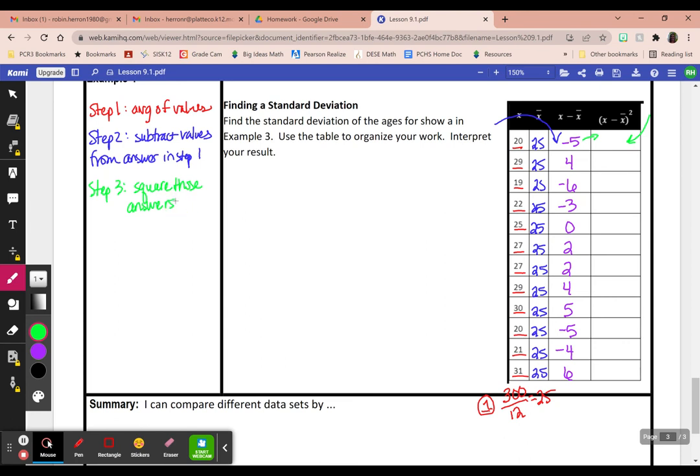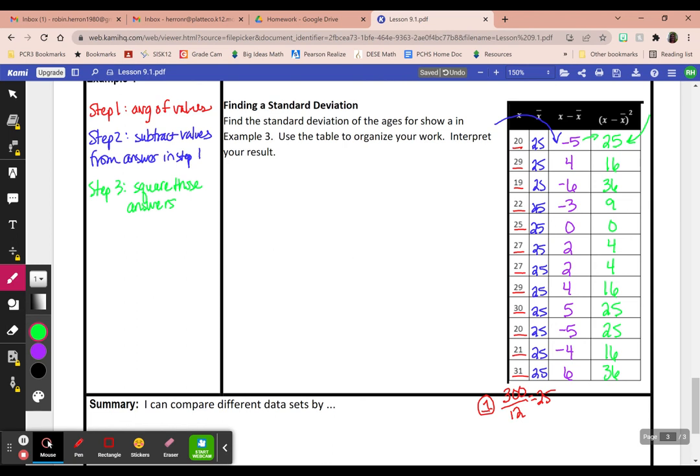Okay? So -5 squared is 25. 4 squared is 16. -6 squared is 36. And we're going to go so forth. So this would be 9, 0, 4, 4, 16, 25, 25, 16, and 36.